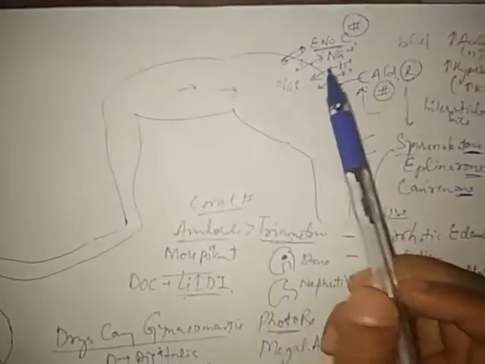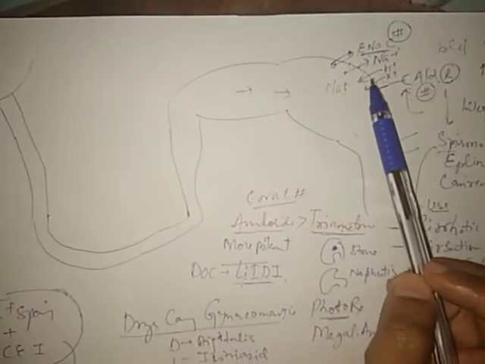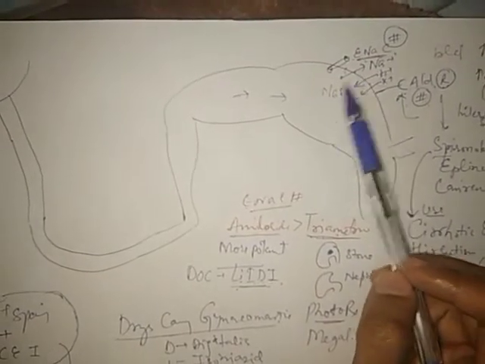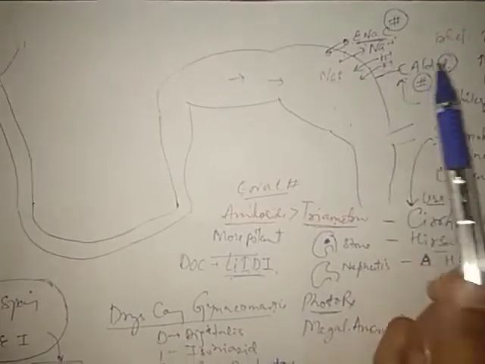By blocking the epithelial sodium channel and aldosterone receptor, they do not allow the sodium to be reabsorbed, and there is natriuresis, because of which the hydrogen and potassium exchange is blocked. So when this is not excreted, they are retained in the circulation, so there will be acidosis and hyperkalemia.